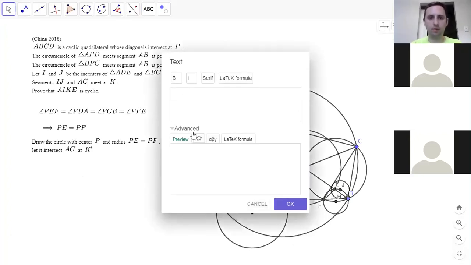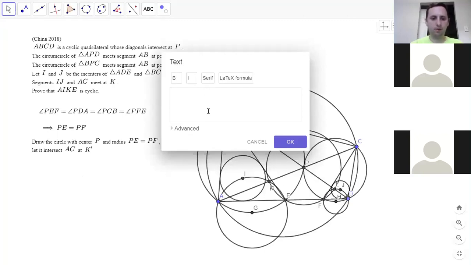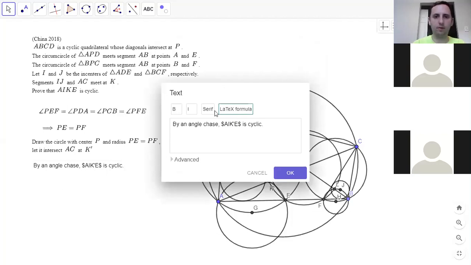So sorry, by an angle chase, A, I, K prime, E is cyclic. I'm going to fill this in later, I'm just writing it out for now.